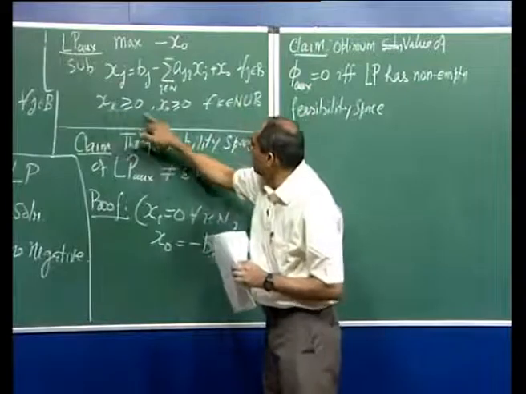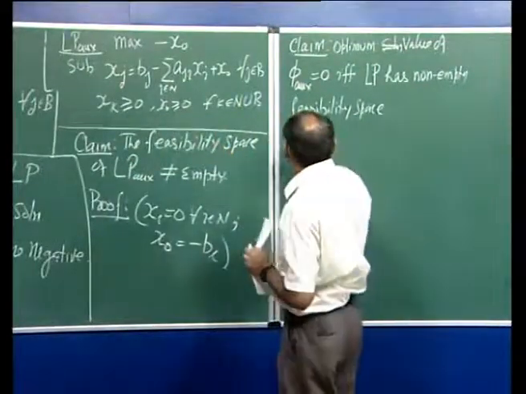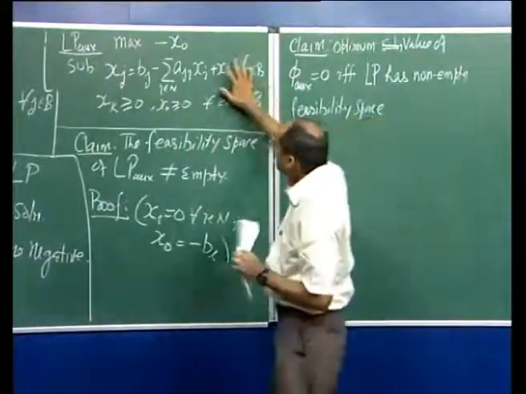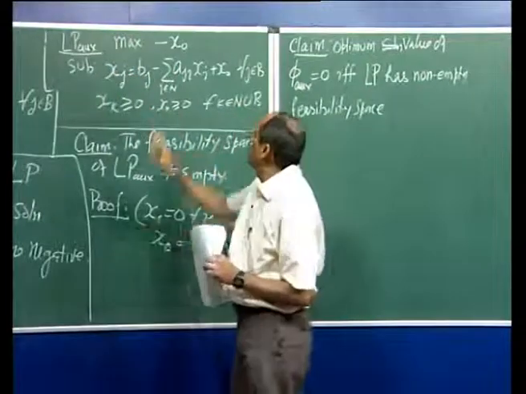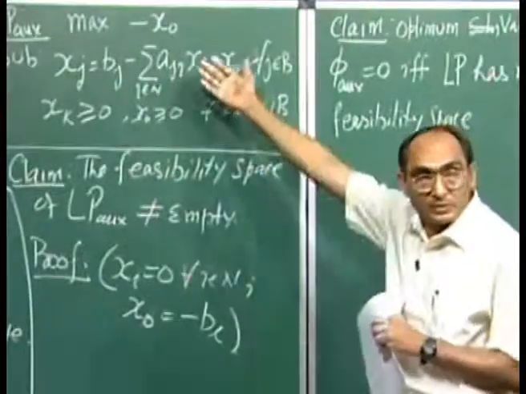By appending x naught equal to 0 to the solution, we see that these conditions are satisfied and the value of this is 0. And that has to be the optimum solution of this.